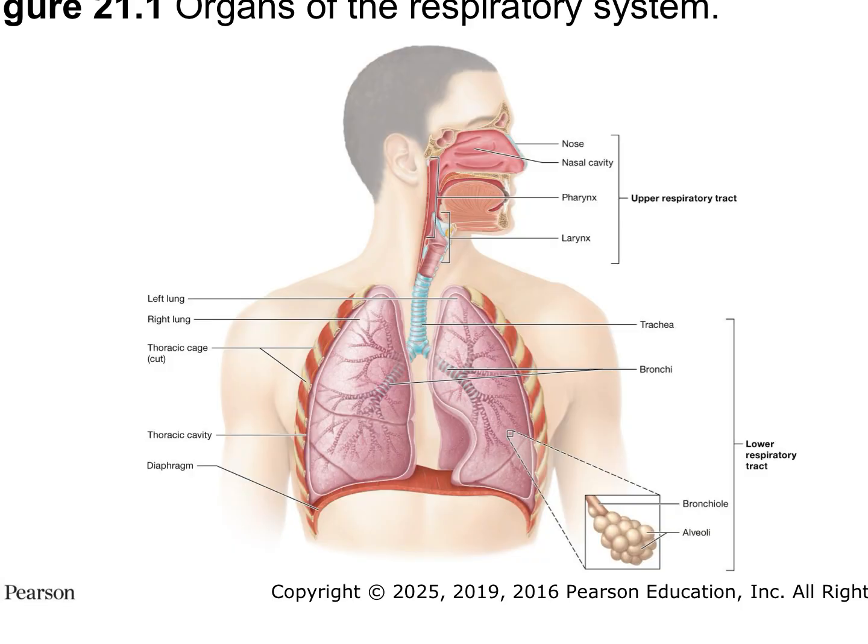Here we can see the upper and the lower respiratory tract, the upper being the nose, nasal cavity, pharynx, and larynx, and then the lower being the trachea, which branches into the bronchial tree inside of the lungs, and the bronchial tree dead ends at the alveoli, this grape-like cluster.